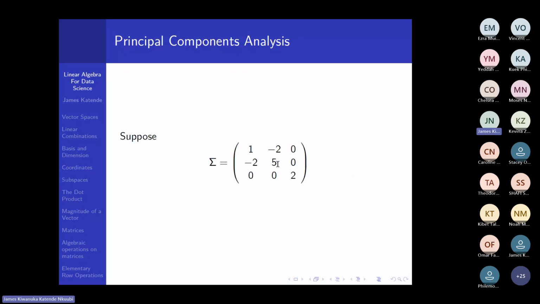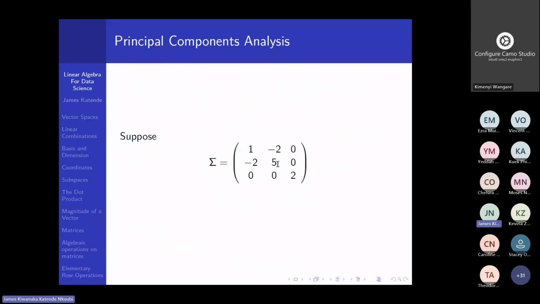So we start with the covariance matrix. At this point, you already had the data and you've computed your covariance matrix. We had only 3 variables, so it will just be a 3 by 3 matrix. You know what a covariance matrix is? Good.